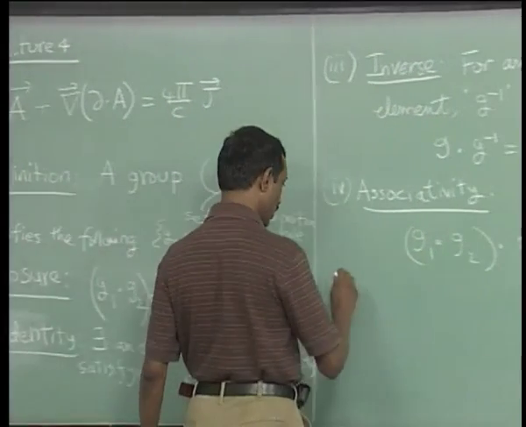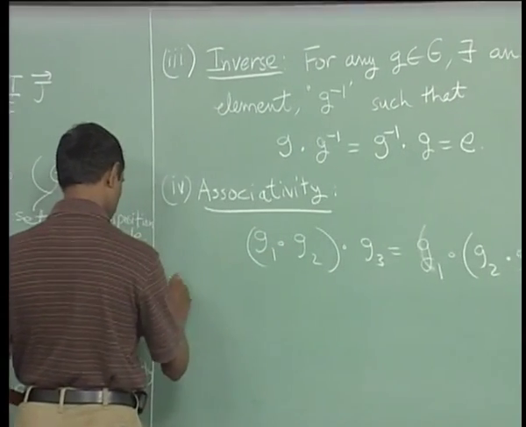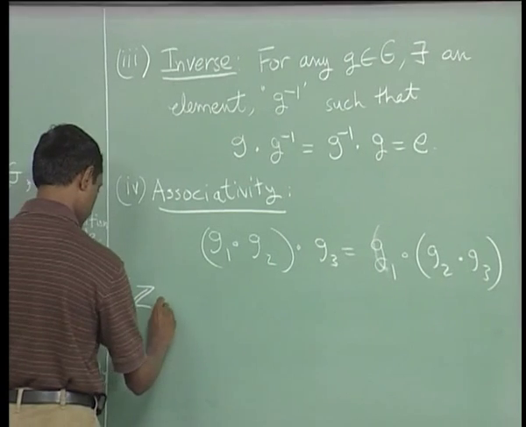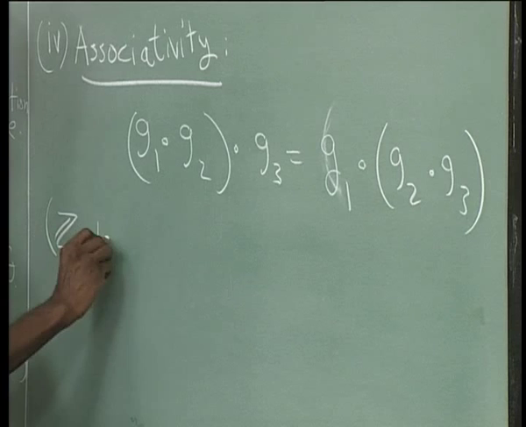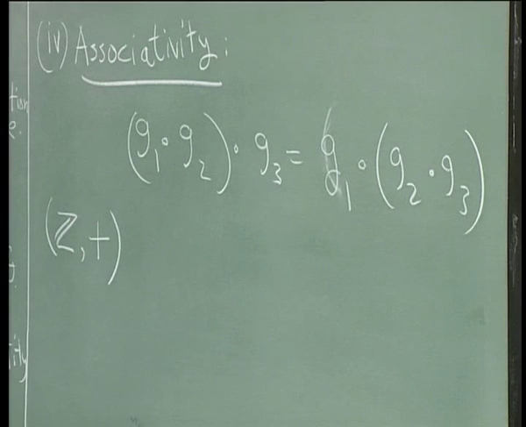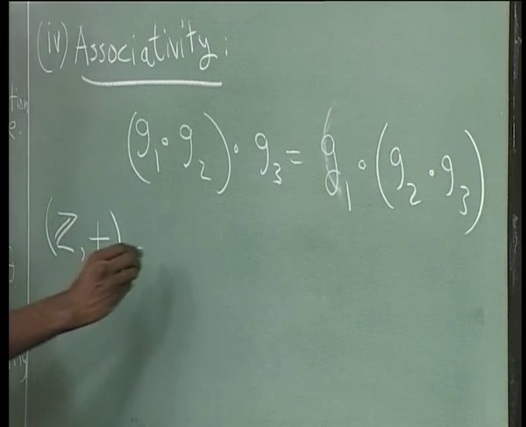So, just to give you a counter example, Z, which is the set of integers with addition as the operation, is a group. You can check everything, and 0 is the identity.